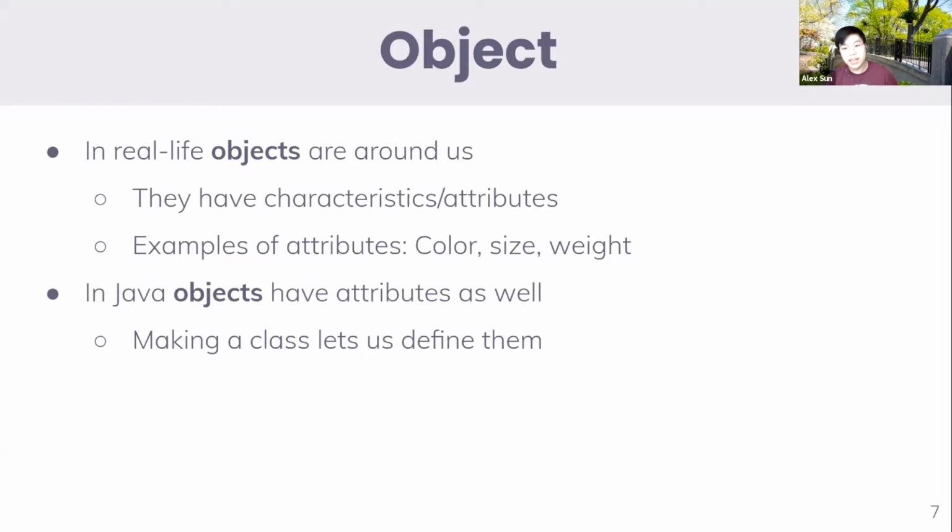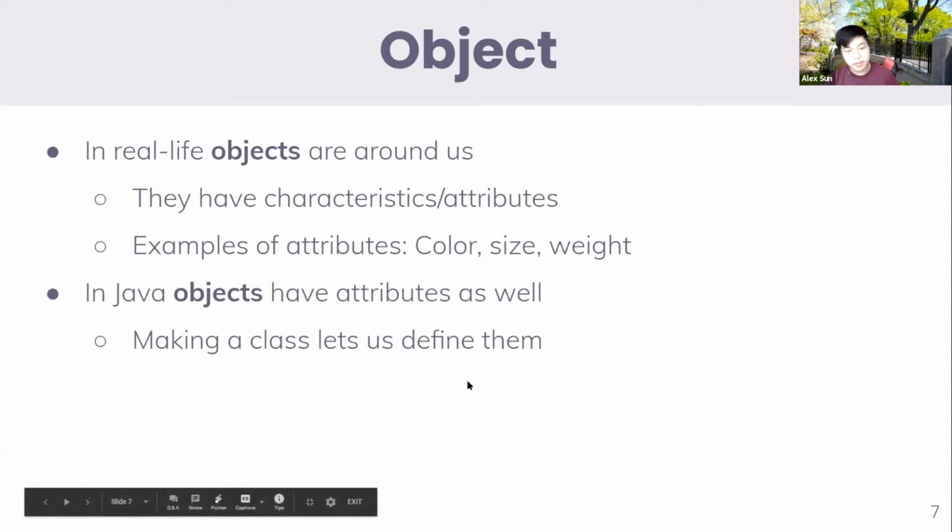My mouse has a size and a weight. It's pretty small and pretty light. Or my phone. They have different attributes. And in Java, objects are things with attributes as well. When we define a class, it lets us choose what we want those characteristics to be. That can be a little confusing, so we'll keep going and hopefully things will make more sense in a few slides.